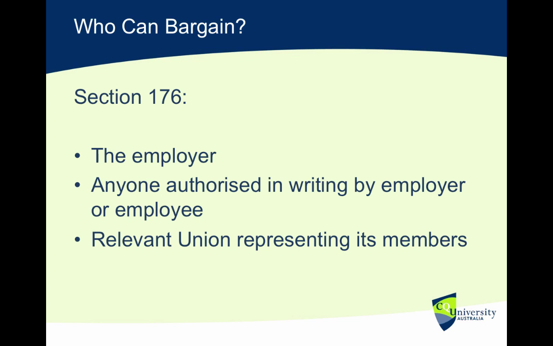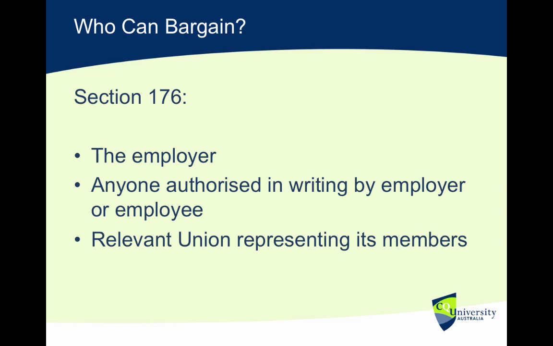And then, just to shorten things, the employer or any employee who may authorise someone in writing to be their bargaining representative. Interestingly, the employee can't be their own bargaining representative unless they send in a notice in writing telling the employer that they intend to be their own bargaining representative.